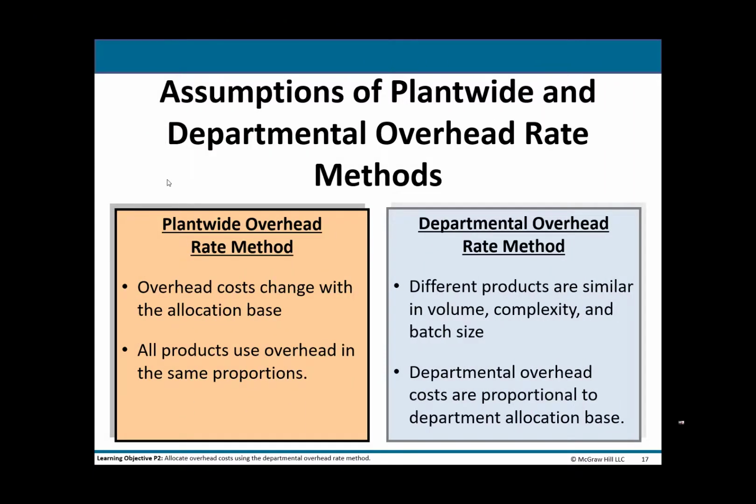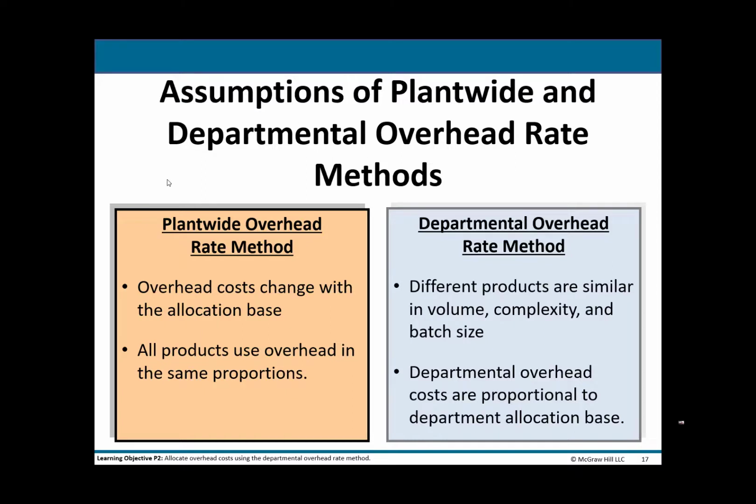Make sure you have a good understanding of the assumptions of the two methods that we've studied so far. The plant-wide rate assumes that overhead costs change with the allocation base and all products use overhead in the same proportions.